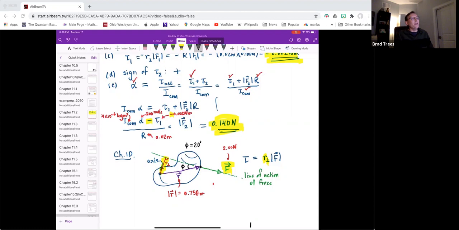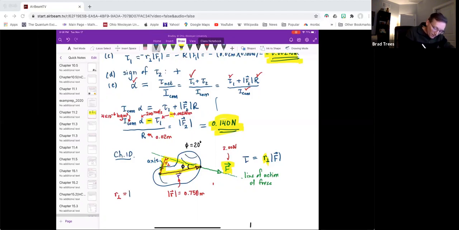Now you have enough information to get the torque. Because what you have to be able to see from trig and geometry is that the distance you need, the moment arm, R perp, can be found from trig because I have a right triangle right there. And R is the hypotenuse, and the moment arm is one leg. And it's the leg that's opposite to phi.